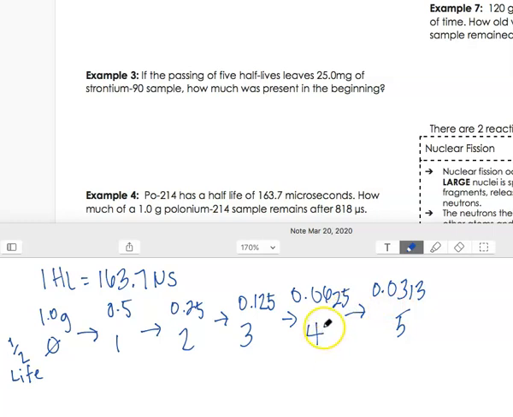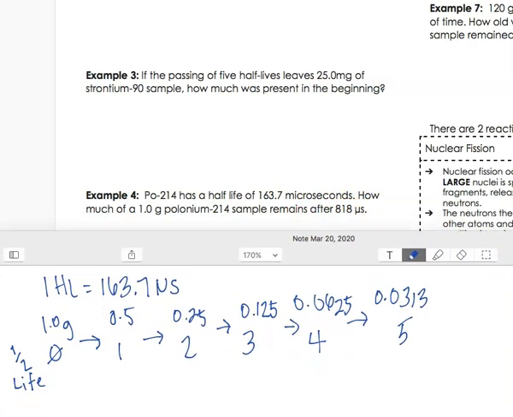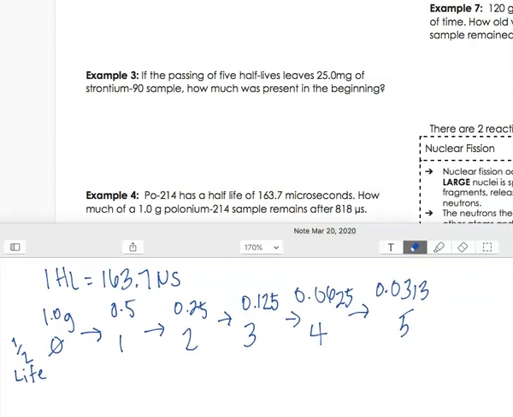So according to the question, it's saying how much will remain after 818 microseconds. In order to do that, we need to figure out how many half-lives will pass. So we have 818 microseconds. We want to know how many half-lives that is.